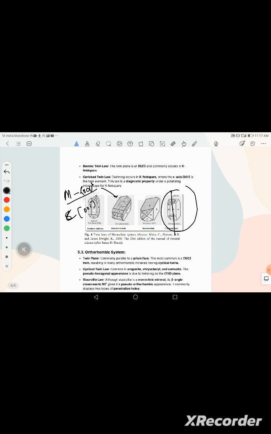This is the C axis. And then comes Baveno. Baveno has the 021 plane. And then comes the swallowtail law. This is 100 plane. So these things we need to remember.